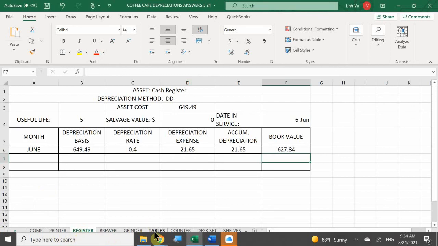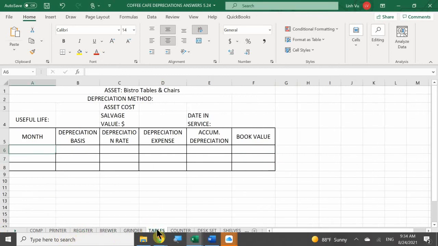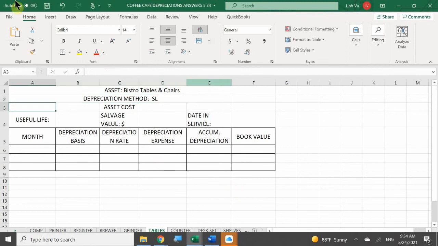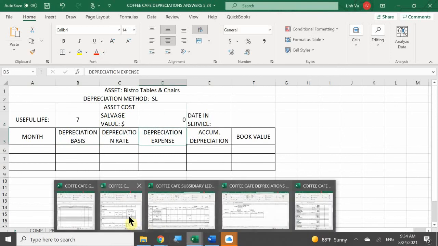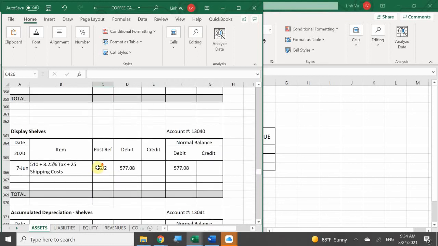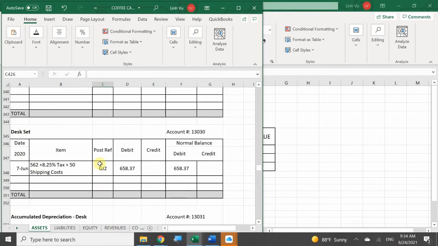Let's see what the first one is. We have tables. The bistro tables are going to be our very first item here. What method are we using? Straight line. We know that it has an estimated useful life of 7 years, 0 residual value. Now we're going to take a look at how much those bistro tables are actually worth.